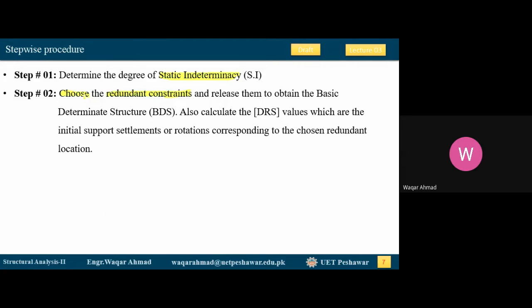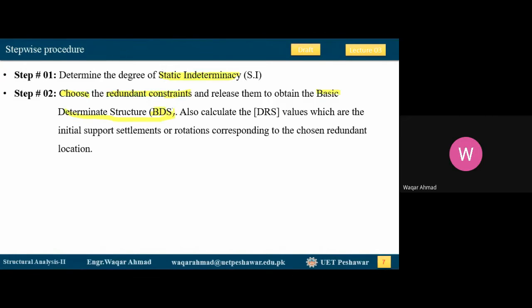So you have to very wisely choose those constraints, and then release them to obtain the basic determinate structure. As these 2 extra unknowns were making your structure indeterminate, once you release them your structure becomes determinate, and you call it the basic determinate structure, BDS.